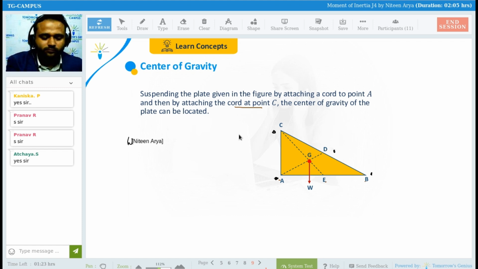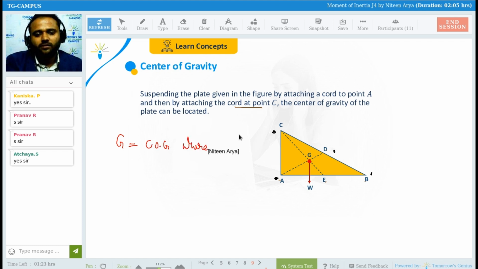G, the center of gravity, COG, is where the total weight of the body is assumed to be concentrated.